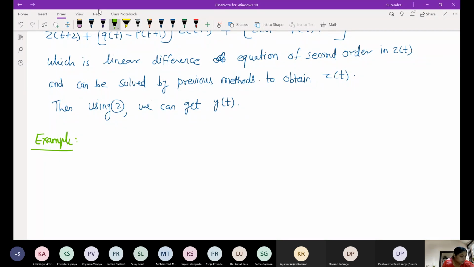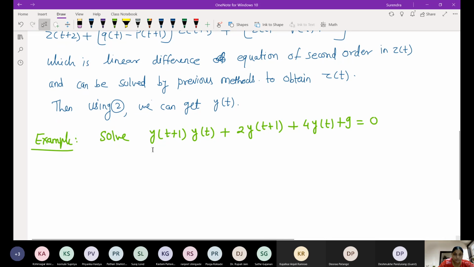Solve the difference equation y at t plus 1 into y t plus 2 times y at t plus 1 plus 4 times y t plus 9 is equal to 0. So we want to solve this now.